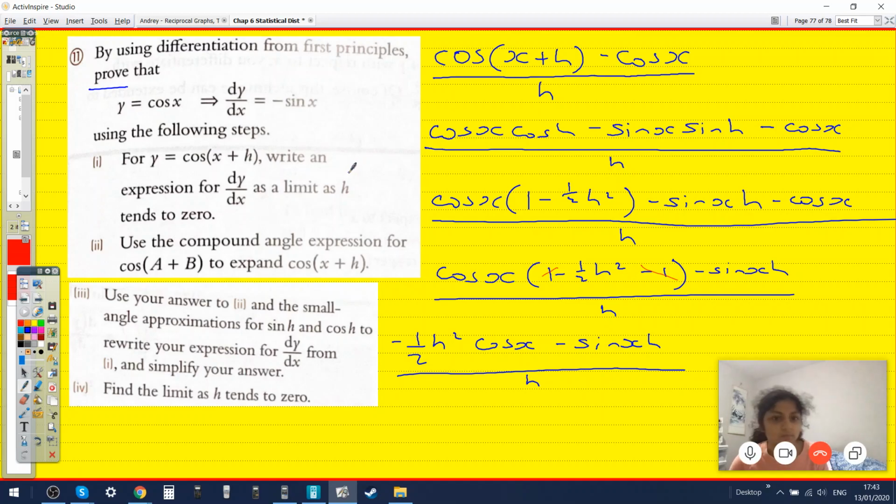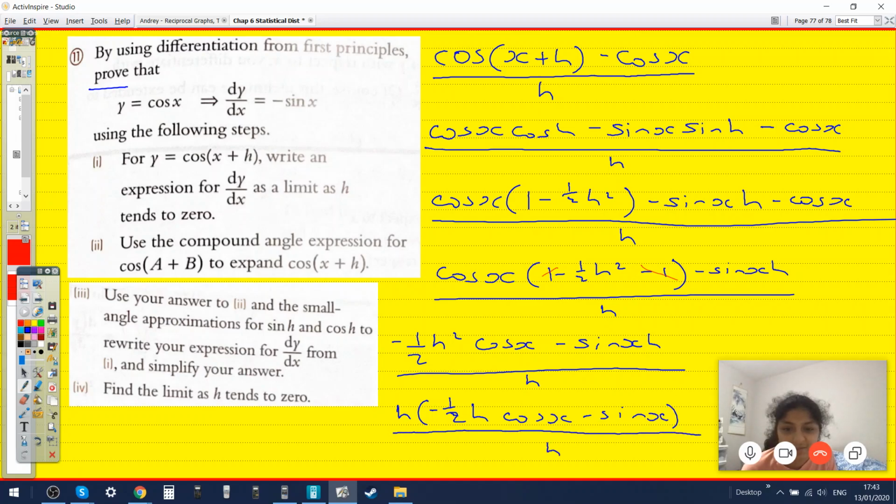Notice anything? They both have h that you could factorize out. So if you take out h, you would have minus half h cos x minus sine x. That makes sense. Then you could cancel out the h from the top and the bottom.